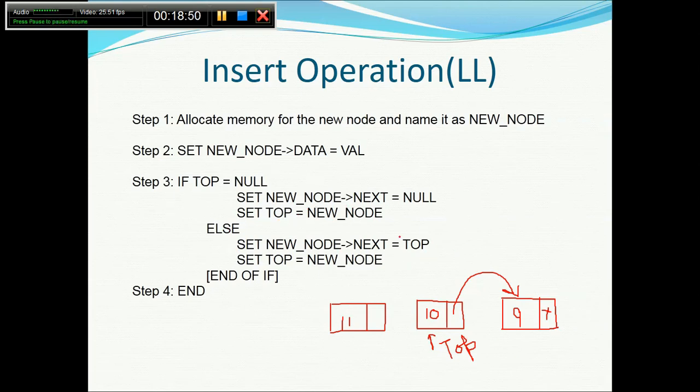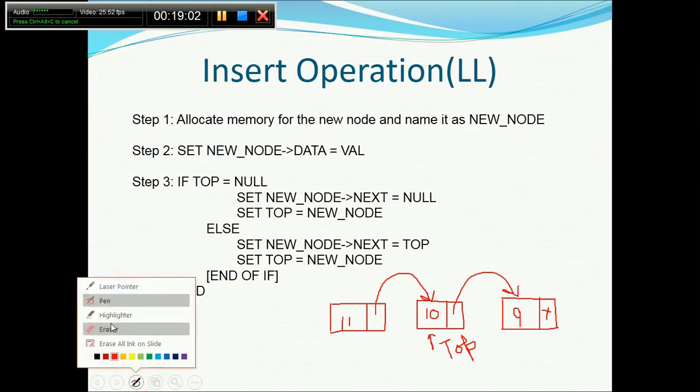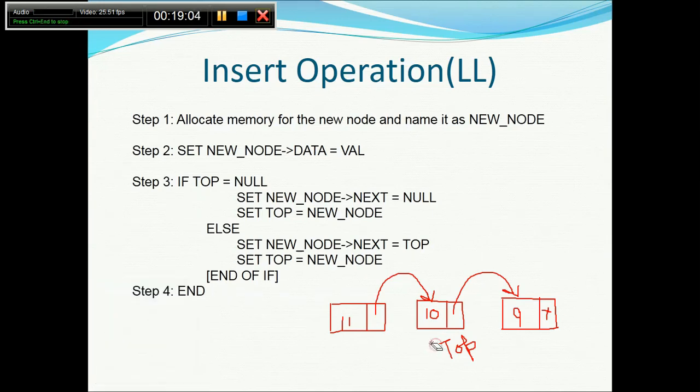Whatever the top contains, the address of this node, copy to the new node next, so this will start pointing to this node. Then the address of the new node should be copied to the top. So I copied, and the top is now pointing to this node. Done. So 3 times we have inserted.